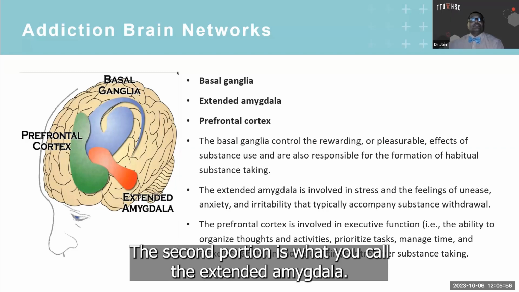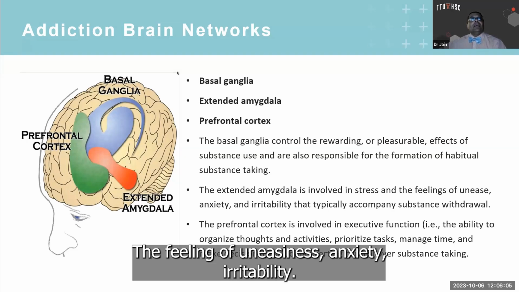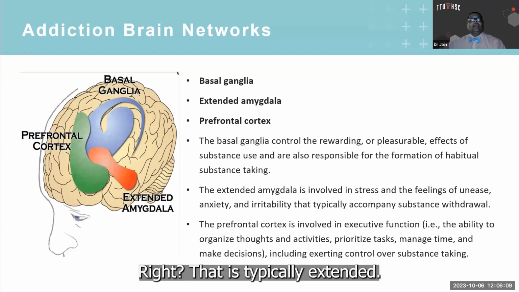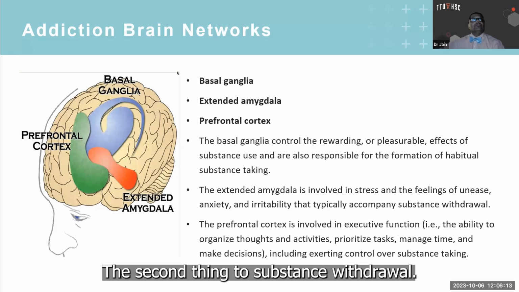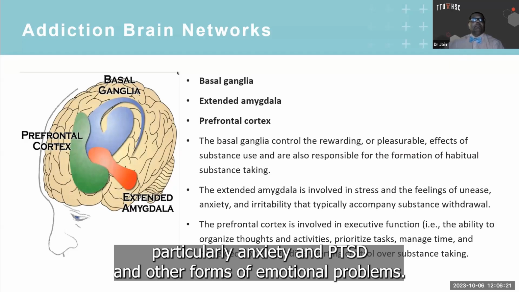The second portion is what we call the extended amygdala. What is the role of the amygdala? It is involved in stress: the feeling of uneasiness, anxiety, irritability, which typically accompanies substance withdrawal. In psychiatry, the amygdala has a very extensive role, particularly in anxiety, PTSD, and other emotional problems.